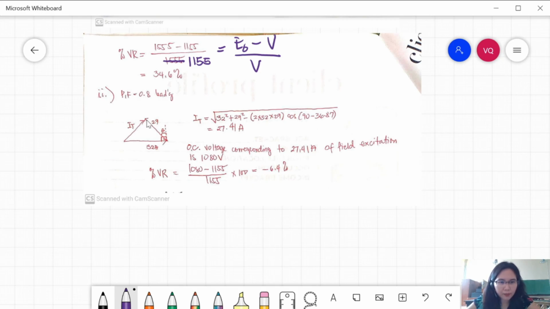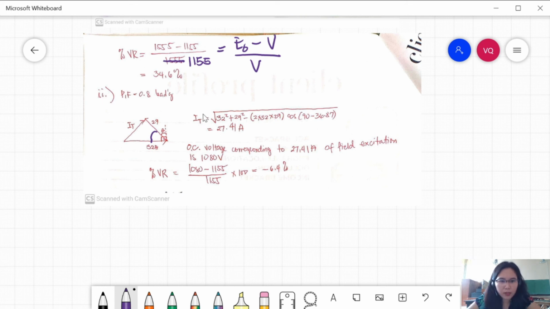This is a leading power factor, so this is our power factor 36.87, and IT now will be equal to square root of 32 squared plus 29 squared minus 2 times 32 times 29 cosine of what will be this angle. So that is 90 minus our power factor, which is 36.87, equal to 27.41 amperes.